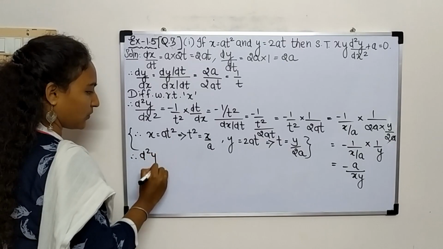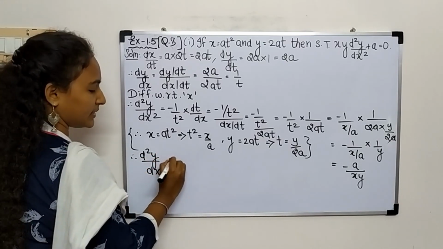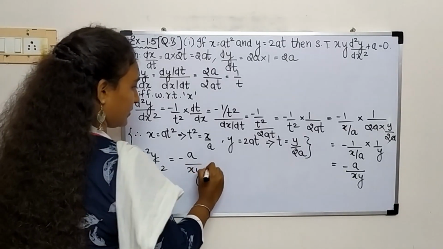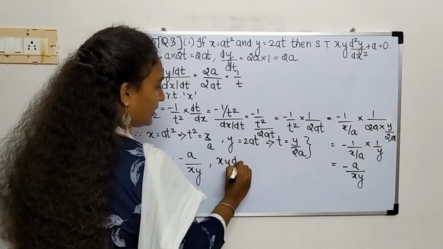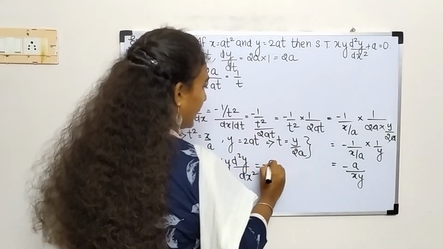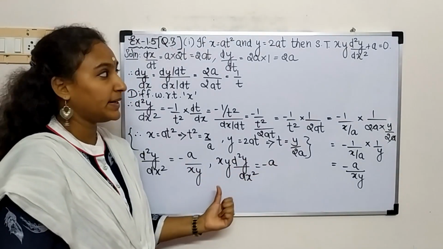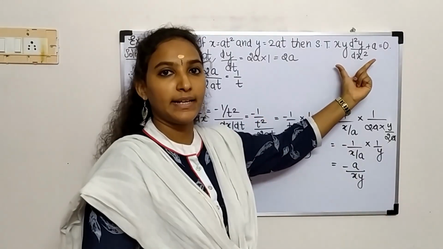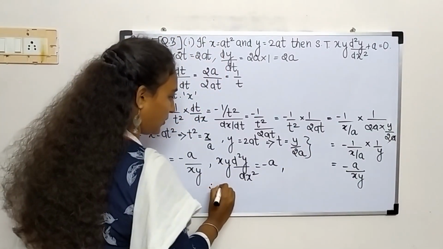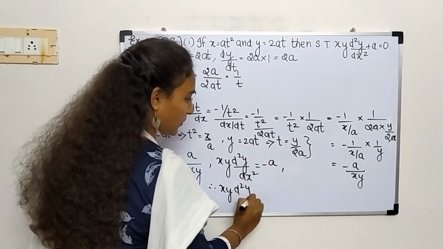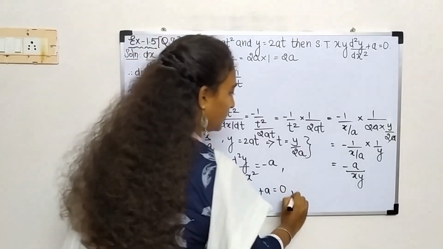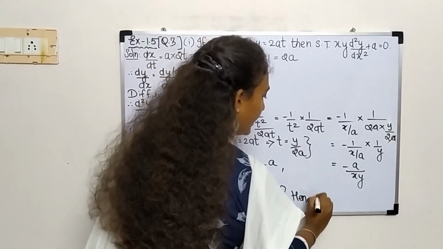Therefore, d square y upon dx square is equal to minus a upon xy. Cross multiply this. So we get xy d square y upon dx square is equal to minus a. This minus a can also be taken to the LHS so that we get our answer. Therefore, xy d square y upon dx square plus a is equal to 0. Hence shown.